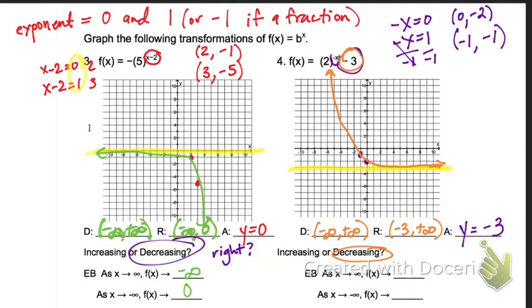How do you know it's not going up? Why are you saying it goes down? Because if I do 2 to the -2, I get what? 1 over 4. If I do 2 to the -5, 1 over 2 to the 5th power, what's that? 32.